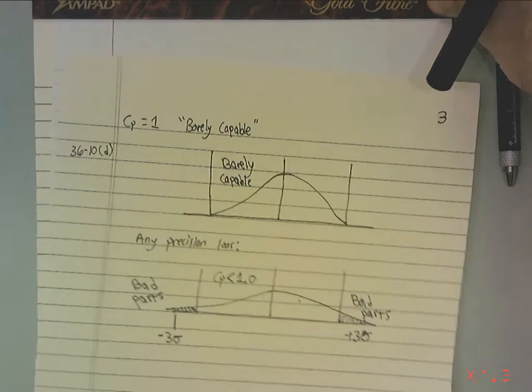Okay, so question now: is process capability, as we have it defined, checking for accuracy or precision?